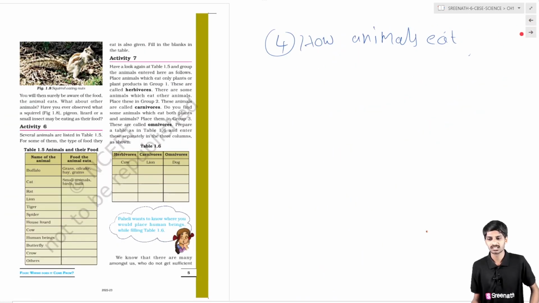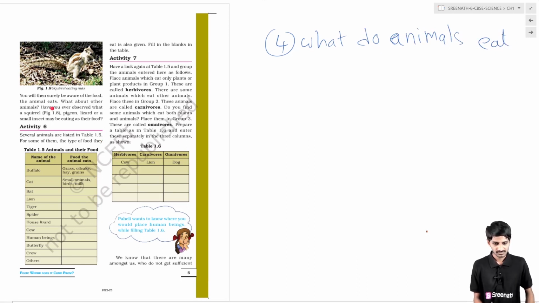Okay, what do animals eat? Both have the same meaning. If you have pet animals like hens or a cat or dog at home, you feed them daily, so you know what a dog eats, what a cat eats, what a hen eats.